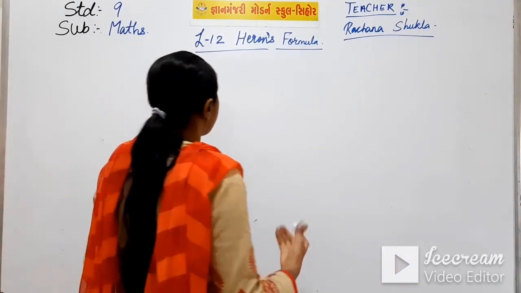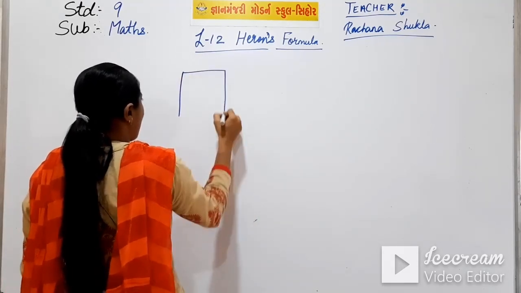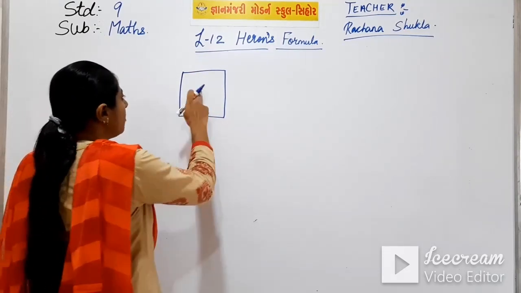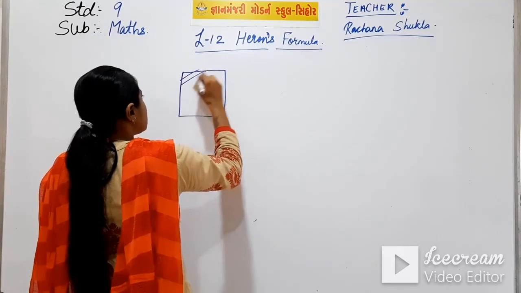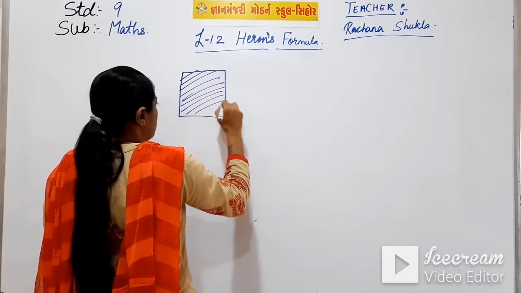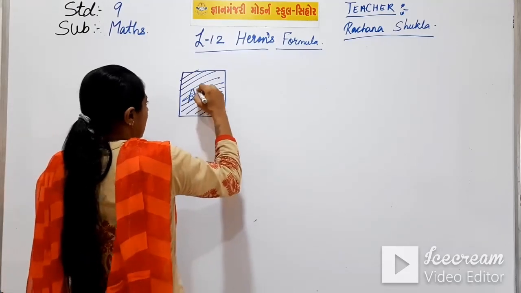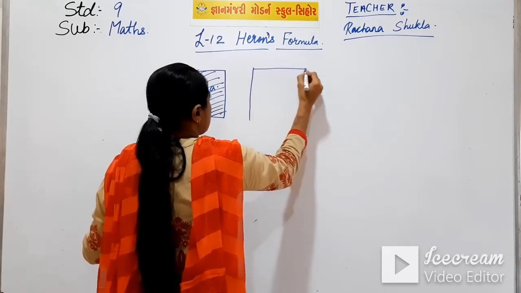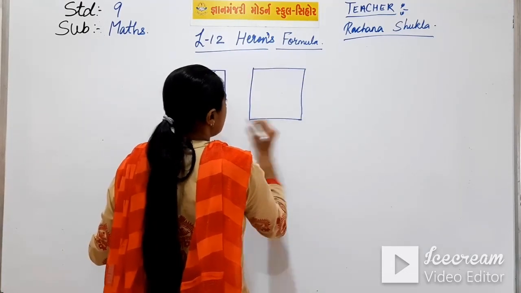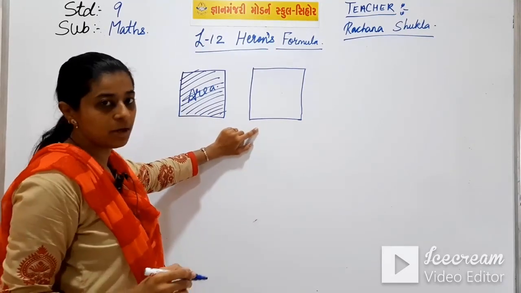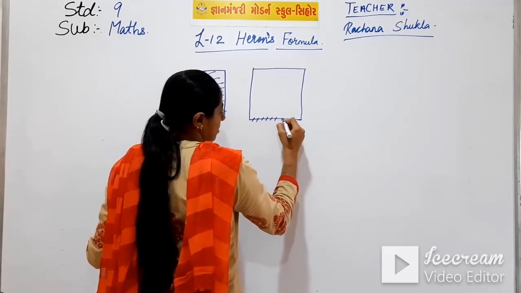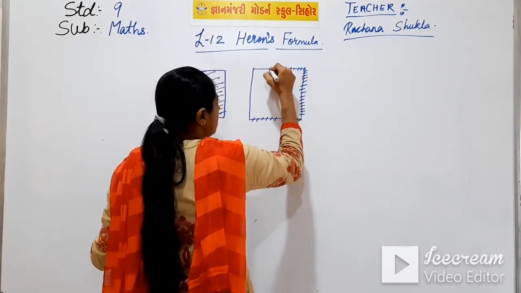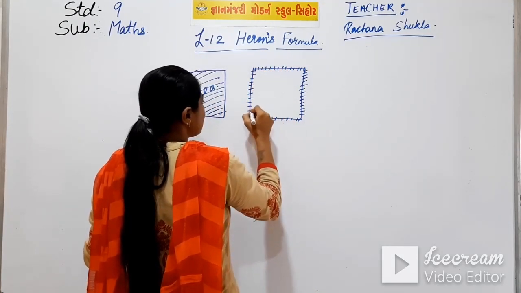See, for any geometrical figure, such as if we take a square, in a square all the sides are the same. So if we want to find the area of the square, this is the area. The innermost portion is called the area. And what is the perimeter of the square? See, this is another square, and now if we want to find out the perimeter of the square, then the boundary which surrounds the square, that is formed to form a square, is known as perimeter.